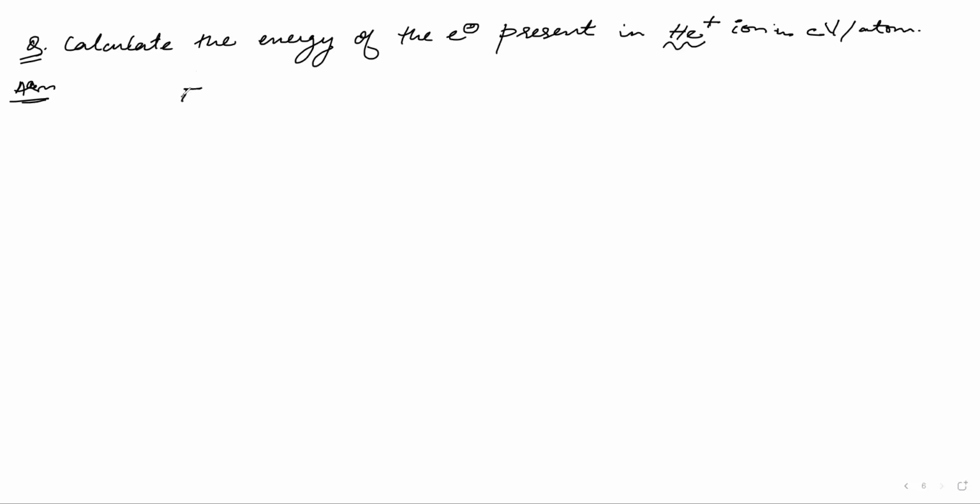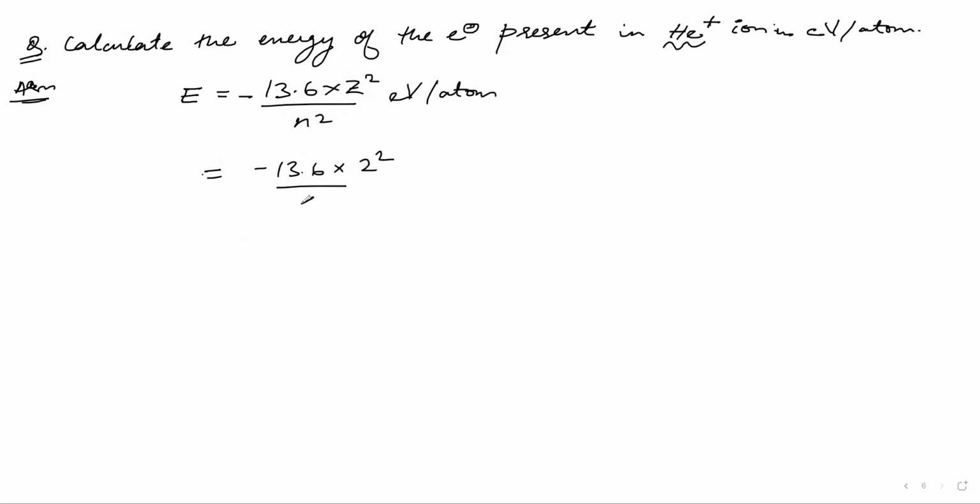So the energy will be equal to 13.6 into z square divided by n square. This will be in electron volts per atom. This will be in minus. So this will be equal to minus 13.6 into 2 square, n square is 1 square.